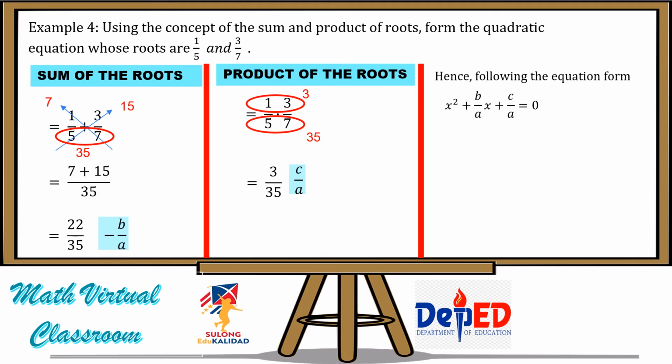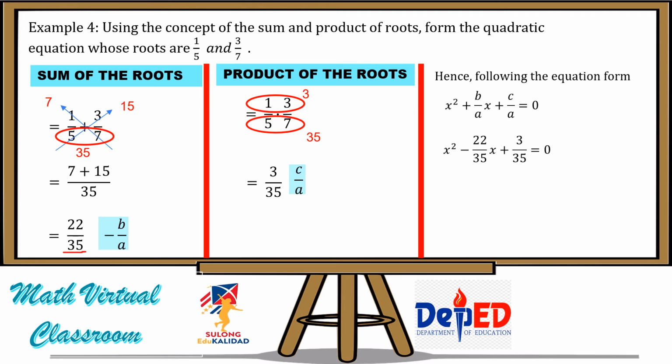So since this is denoted by negative b over a, when we substitute 22 over 35, that would become negative. So that would become x squared minus 22 over 35 x plus 3 over 35.